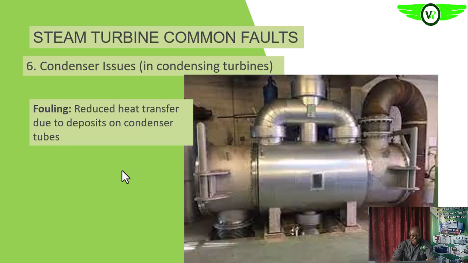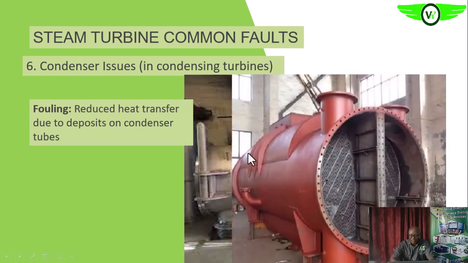And once there is fouling, the heat transfer efficiency will be affected. So the steam will not be condensed effectively into water, and that will affect the efficiency of the steam turbine itself.